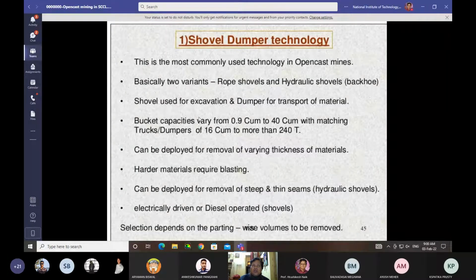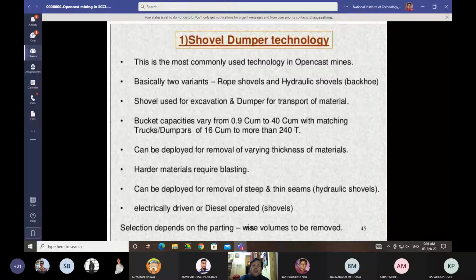The shovel is used for the excavation of the blasted material, and the dumper is used for the transportation of the material. So this combination, the shovel dumper combination, is called the shovel dumper mining technology.